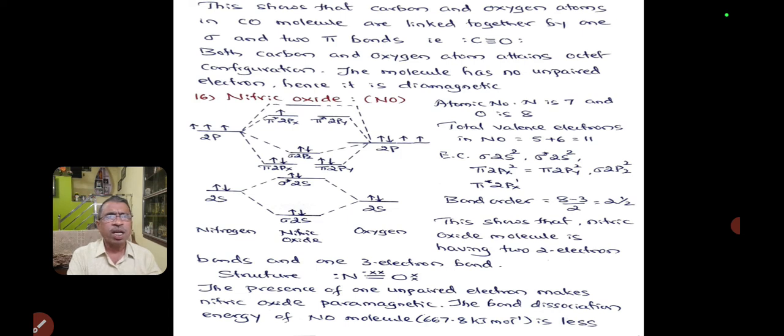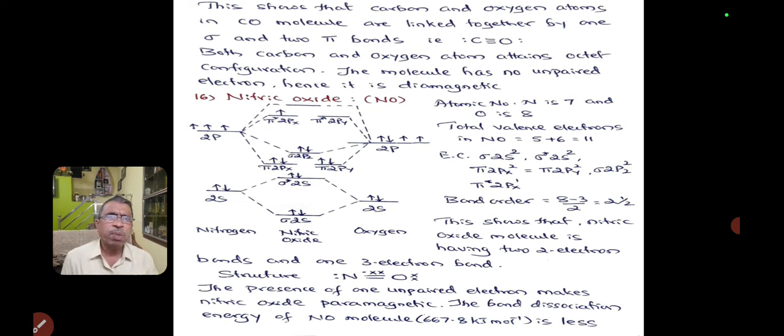This shows that the nitric oxide molecule has a 2 electron bond and a 3 electron bond. The structure is shown. In this structure, the nitrogen has a lone pair, oxygen also has a lone pair, and there is a double bond.